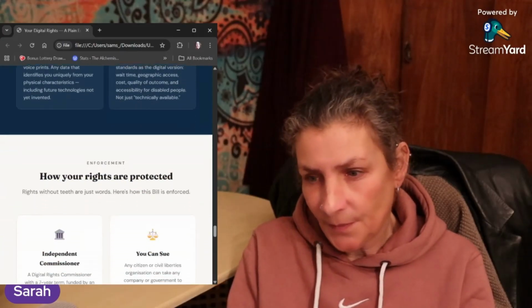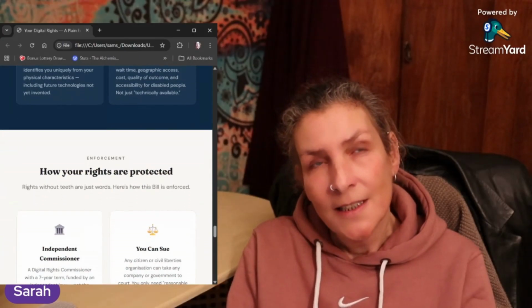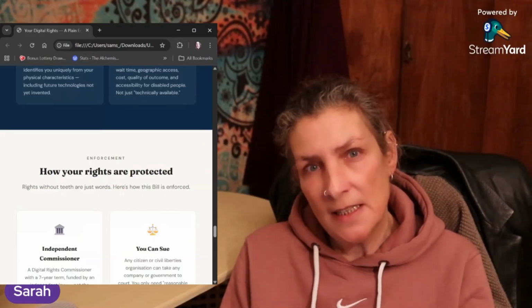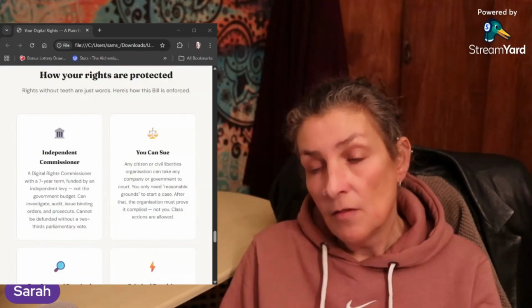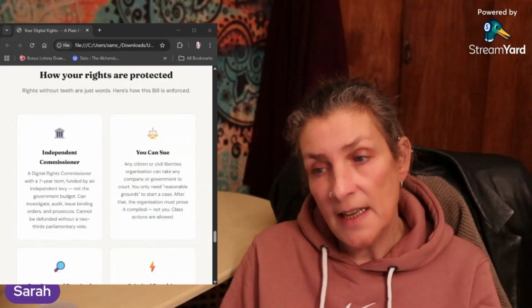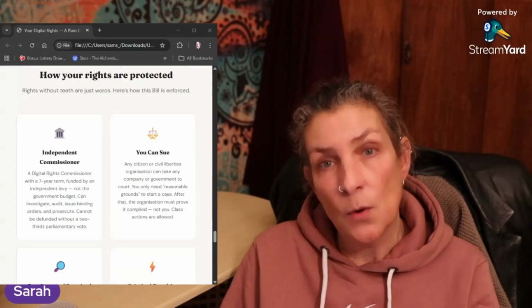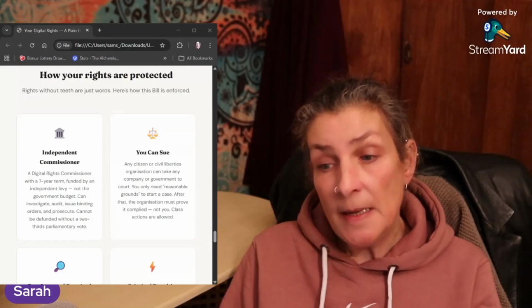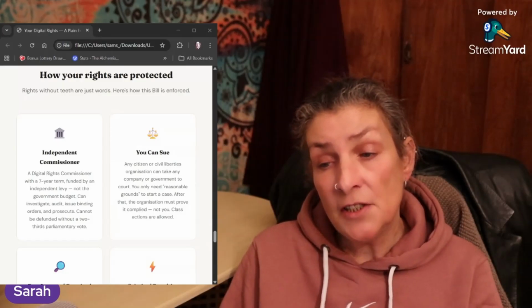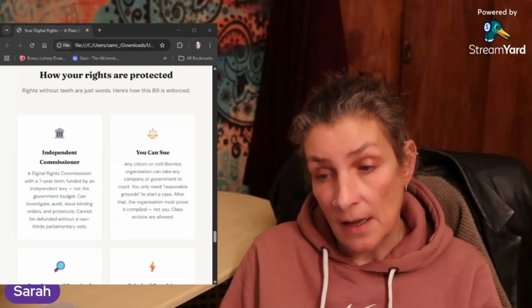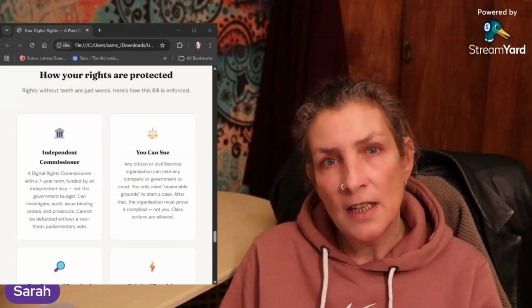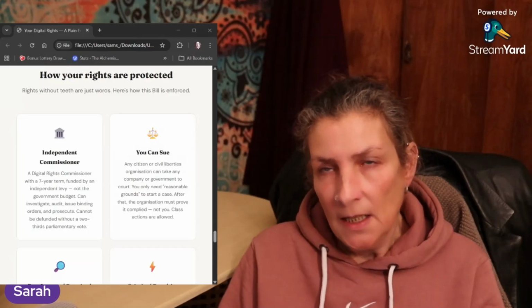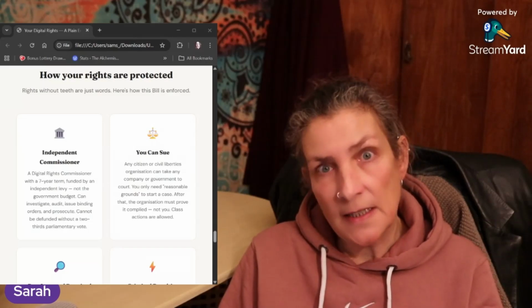Enforcement. So, how your rights are going to be protected. What will happen if those rights are broken? Rights without teeth are just words. Here's how this bill is enforced. Independent Commissioner: a digital rights commissioner with a 7-year term, funded by an independent levy, not the government budget. What we know about the government, they underfund anyway.